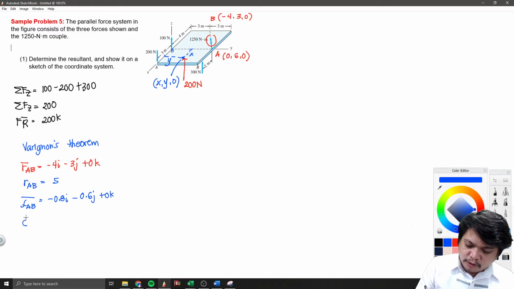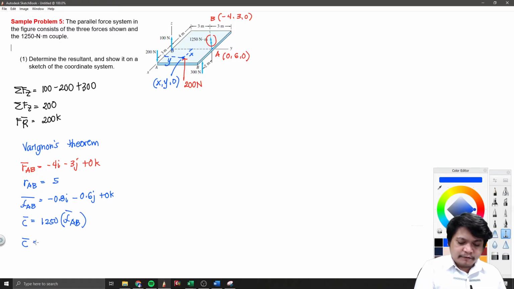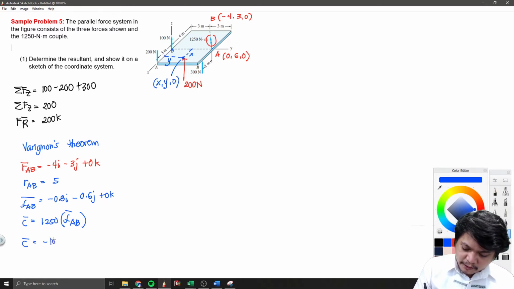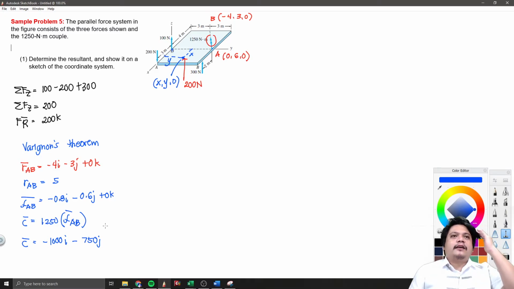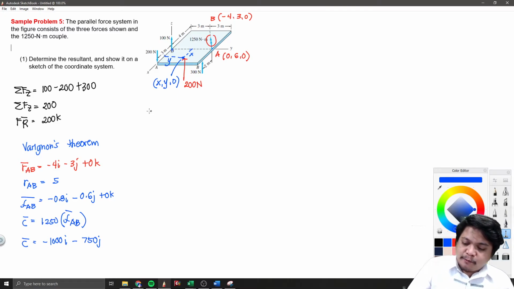So, yung couple ko, that would become equal to 1,250 multiplied by the lambda AB. So I have here the couple 1,250 times negative 0.8, or negative 1,000 I, and then minus 0.6, so minus 750 J.